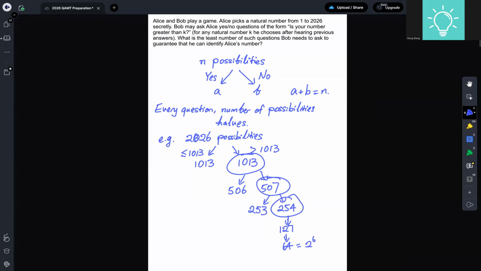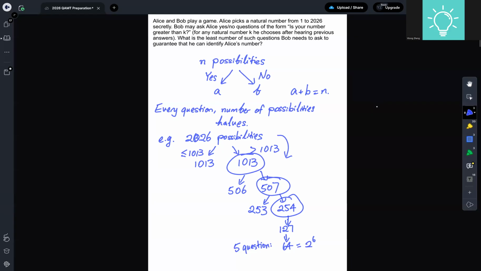So here he's asked one question to get to 1013, two questions, 3, 4, 5. So after 5 questions, Bob is able to narrow down the number of possibilities to 64, and that is 2 to the power of 6. So that means he has to ask another 6 questions to get it down because the power of 2 reduces by 1 each time.